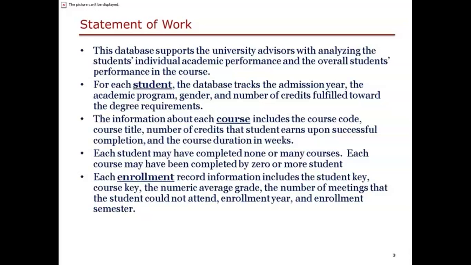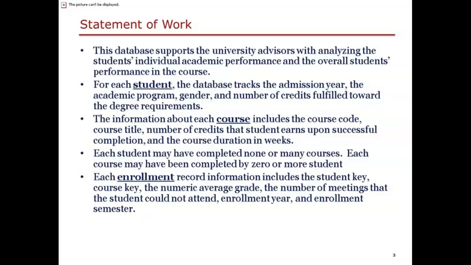And here I'm giving my business rules. I'm saying that each student may have completed none or many courses, and each course can be completed by 0 or more students. Then I'm going to have another table called enrollment.